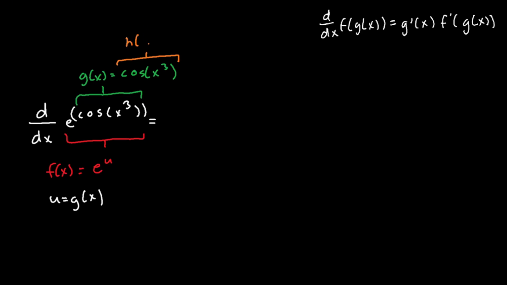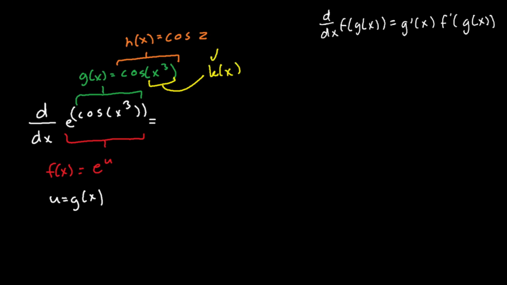So function h is your outer function in this case, which is cosine of something. Let's use cosine of z. Okay, this is cosine of something, z. And what's that something? Well, that something is your inner function, which is k of x in this case.